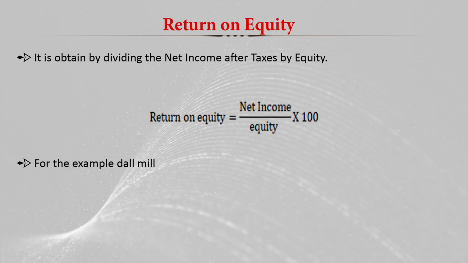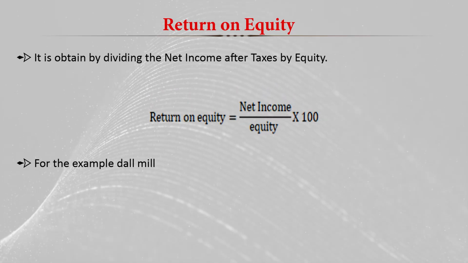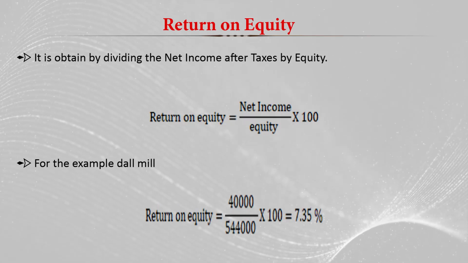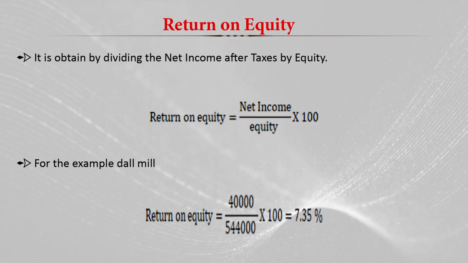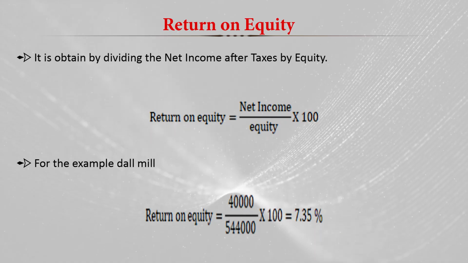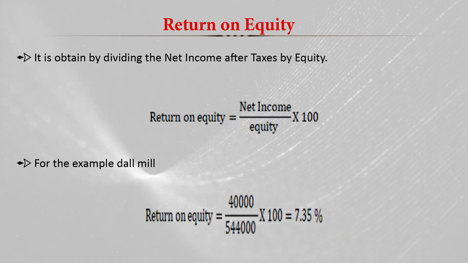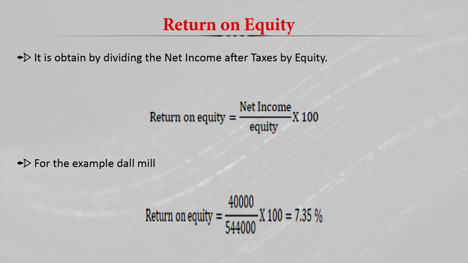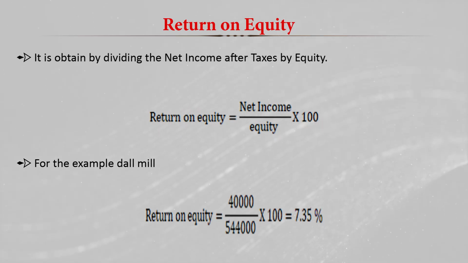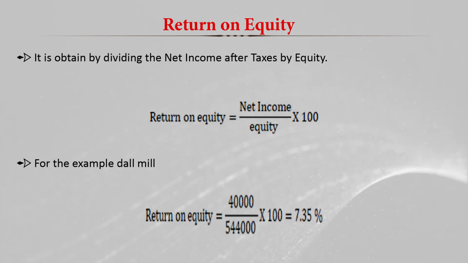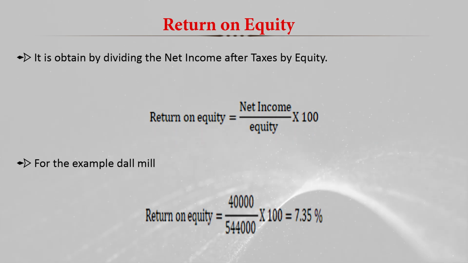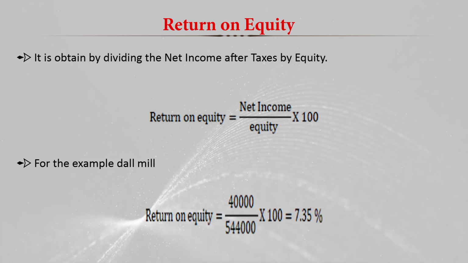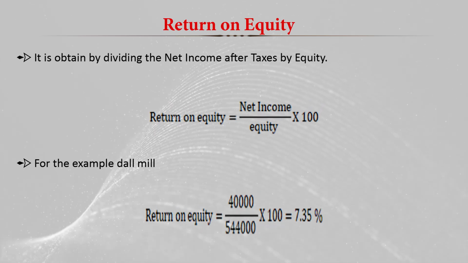In the case of our dal mill, the net income after paying the taxes is 40,000, and the equity contribution from the owner of the firm is 5,44,000. So the return on equity is 7.35%. This gives the rate of return based on the investment by the owner of the enterprise or the firm.